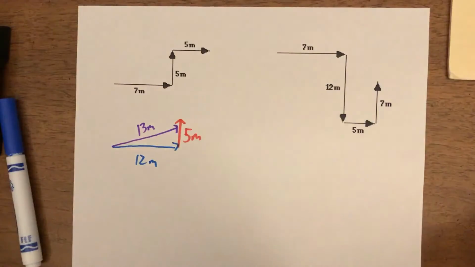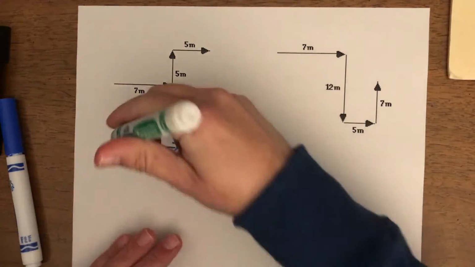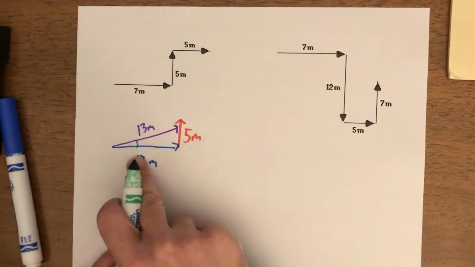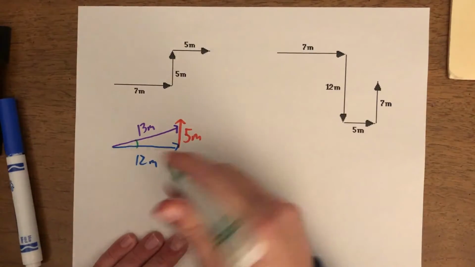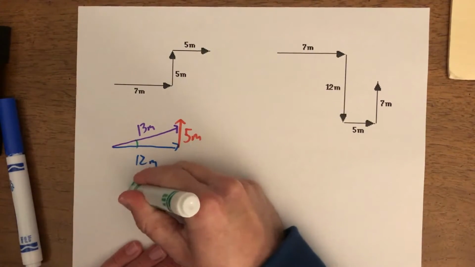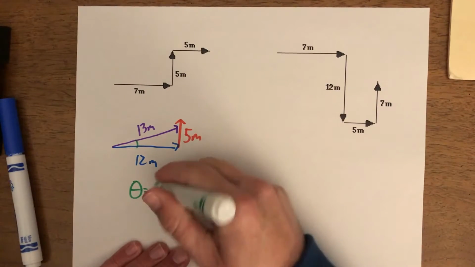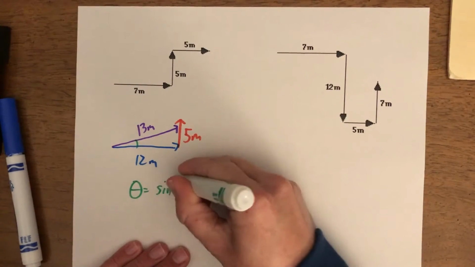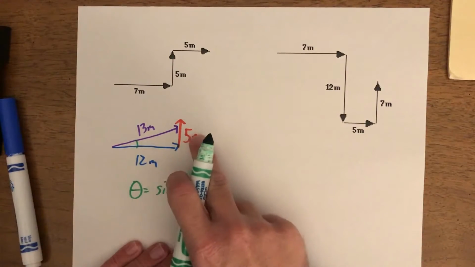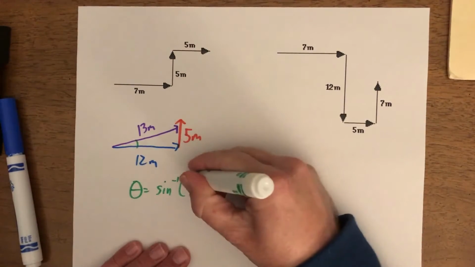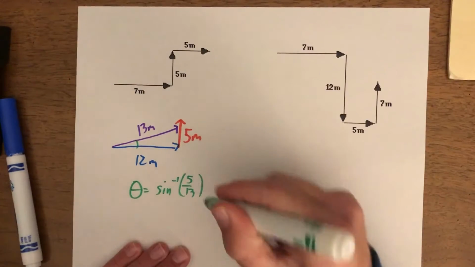But we're not done yet. We have to find the direction here. So the direction, that tiny little angle right there. Let me just do the inverse sine here. Inverse sine is opposite over hypotenuse, so 5 over 13.